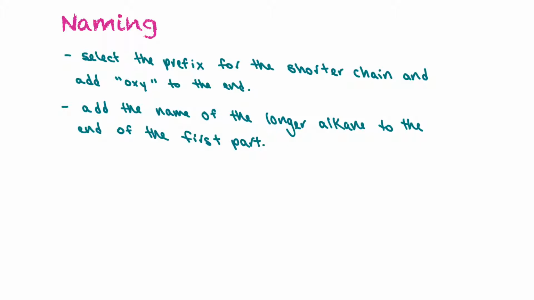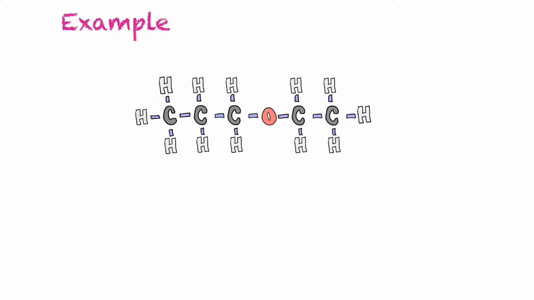So you would name it exactly like an alkane. So here's our example. In the shorter chain, which is at the right, there's 2 carbons. So that's going to be ethoxy. And then the second part has 3 carbons, so it's propane. So it's ethoxypropane.